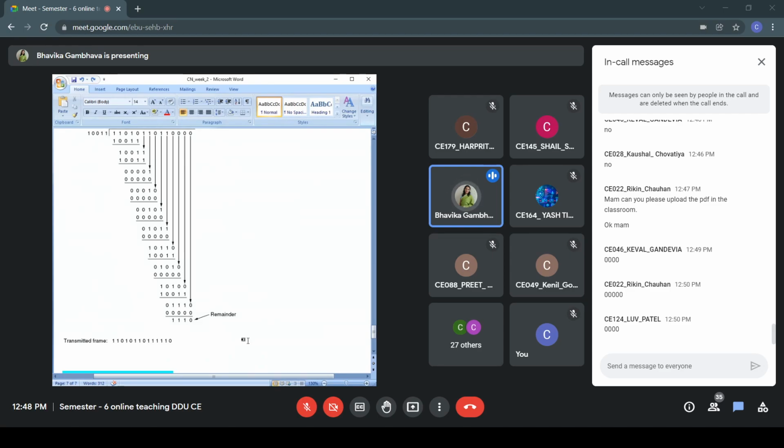Would you like to do it now or afterwards? You can corrupt actually any bit. If any bit changes, then your remainder at the receiver will be a non-zero number, and that is how we can detect the error.